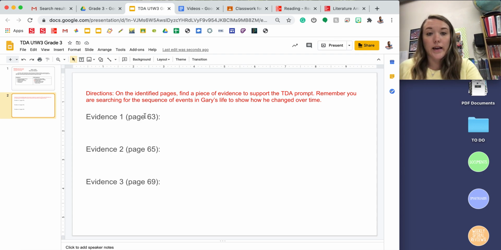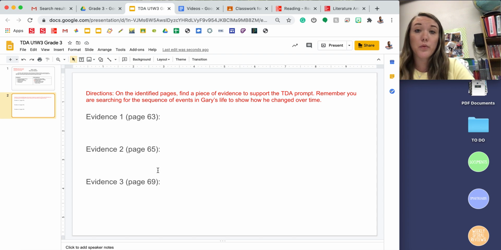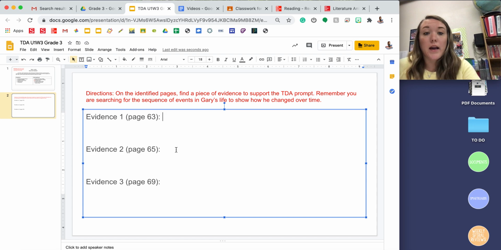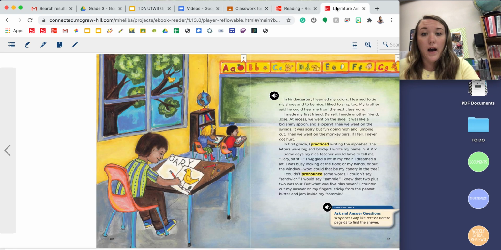This week, I gave you what pages you will find evidence on. So after you reread the story, you will need to go back and take a look at these pages. The first piece of evidence is going to be on page 63. So I want to go back and reread page 63.